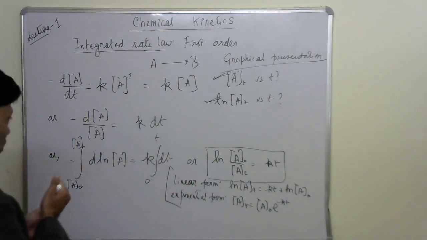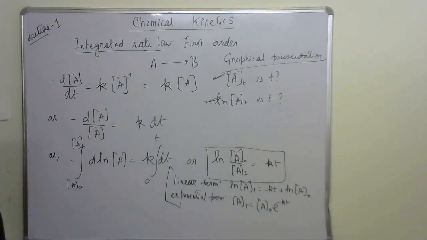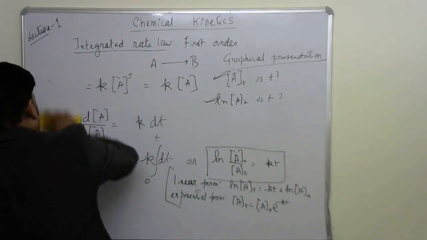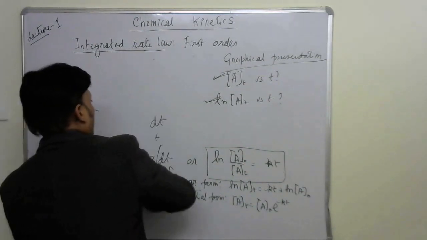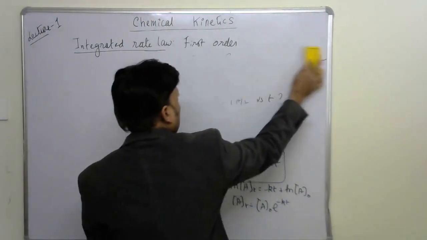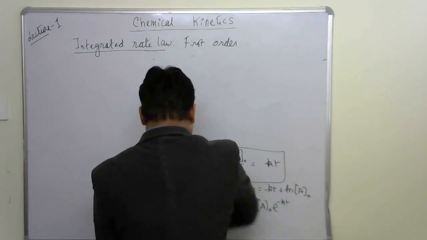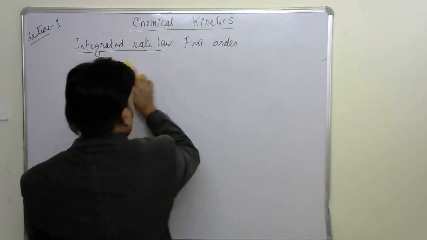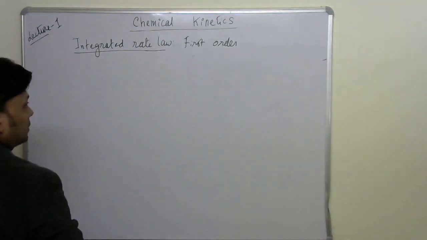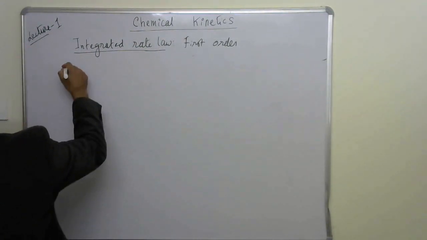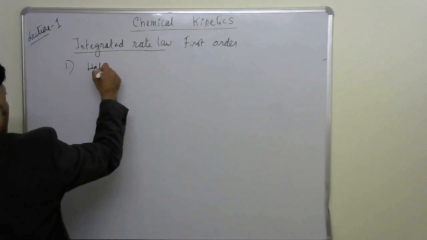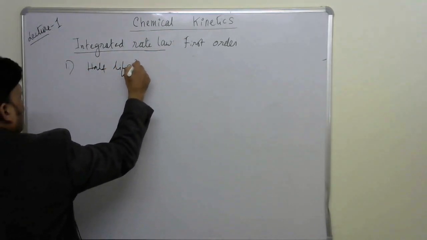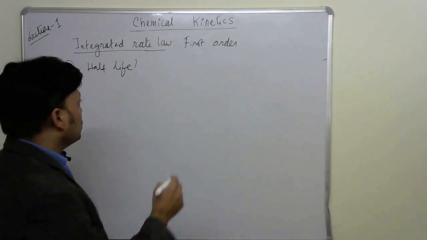Okay, so once we get the integrated rate law of the first order reaction, obviously we have to address some of the relevant questions. Number one is, what is the half-life in the first order reaction?